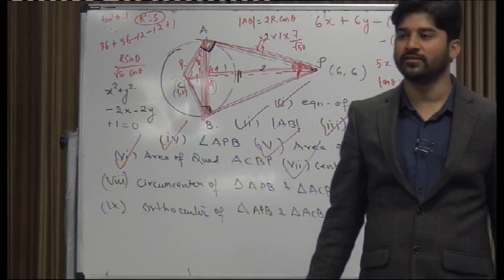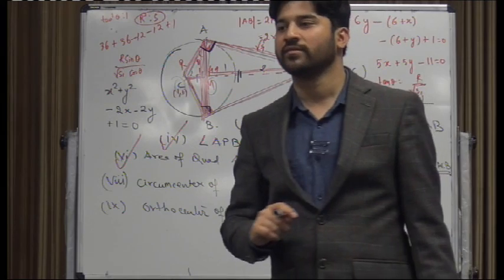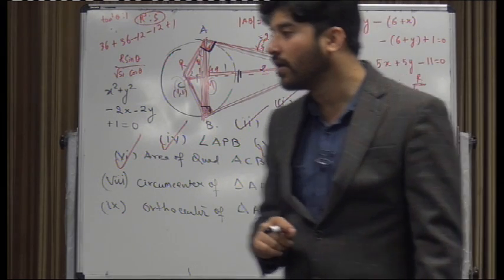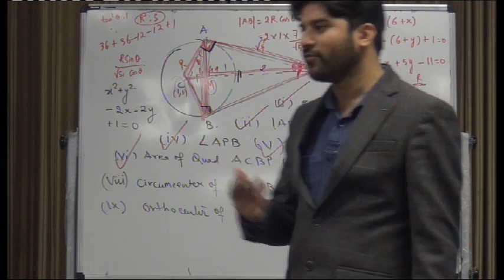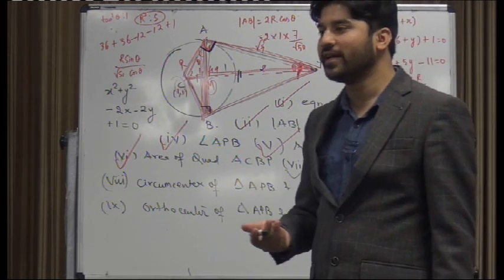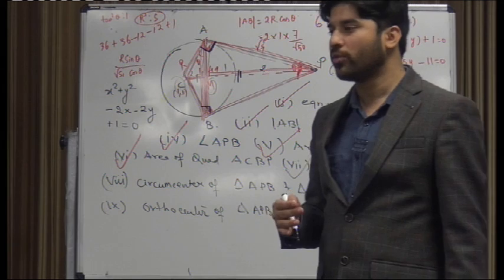A quadrilateral. What is this quadrilateral? Cyclic. Perfect. Yeah, of course. Opposite angles are? 180. Why did you stop after saying cyclic?